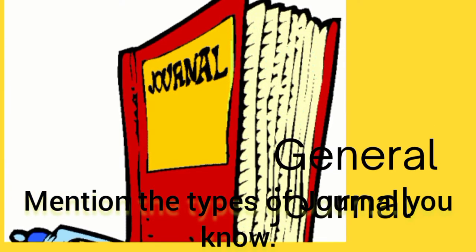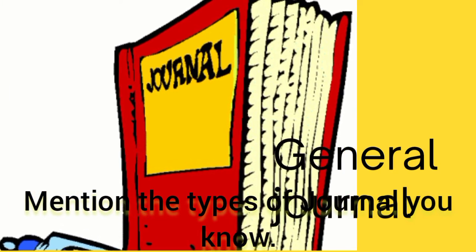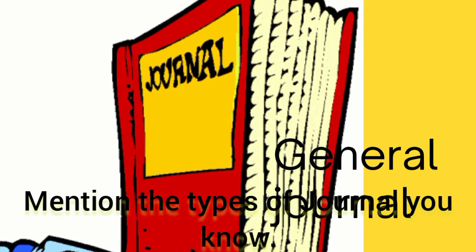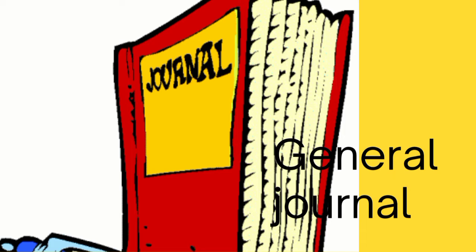Let's look at what general journal is. A general journal is also known as journal proper. Now, this is used to show the account to be debited and credited with a short narration of the transaction before transferring them into the ledger.